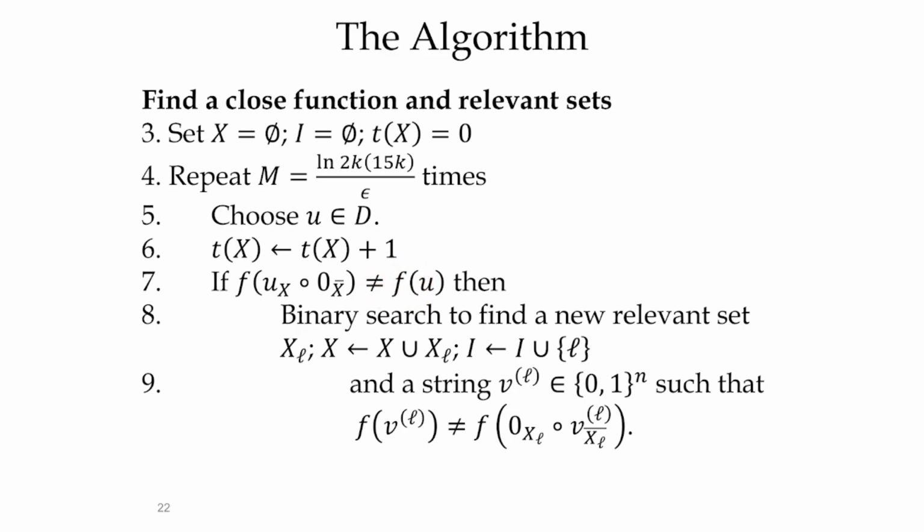Without the loss of generality, the result of the function shouldn't be different in this section, but it could be different in this section over here. If there's a difference, then there is a relevant variable that causes this inequality over here in line 7.